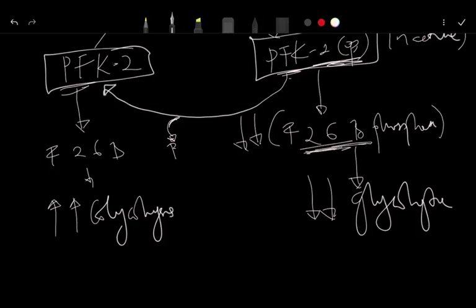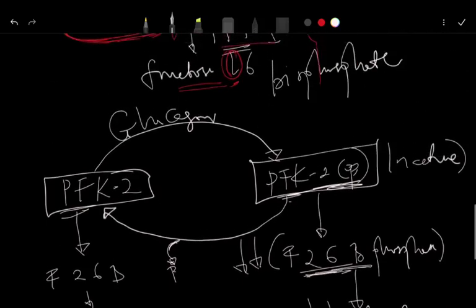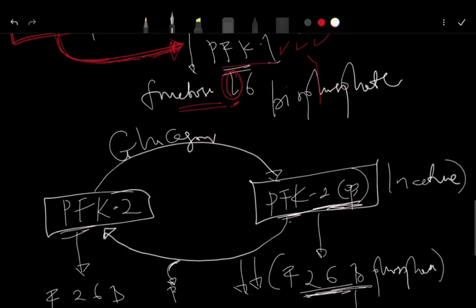Now, I want you guys to actually grasp this thing. That's why I say I want to do it in a separate video. So the thing is this: all of us are familiar with the fact that PFK2 is responsible for forming fructose 2,6-bisphosphate, which is a very powerful activator of the glycolytic pathway.